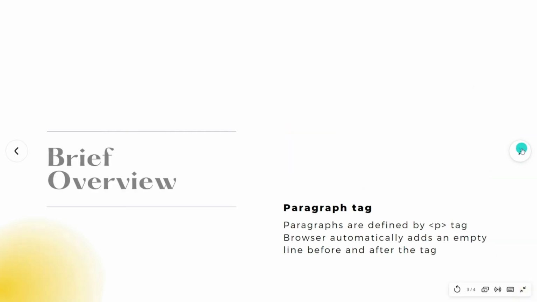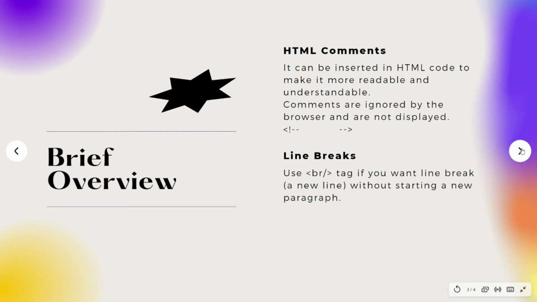The other ones over here are HTML comments and line breaks. As you know, friends, whenever we write any source code for our program, we add comments within it so that our code becomes readable and more understandable.